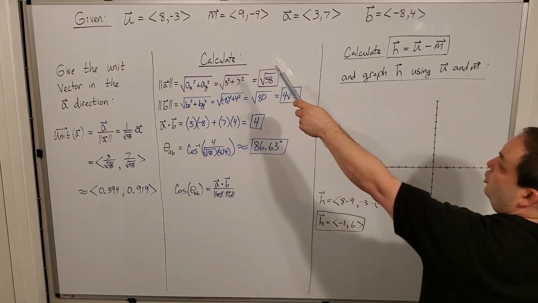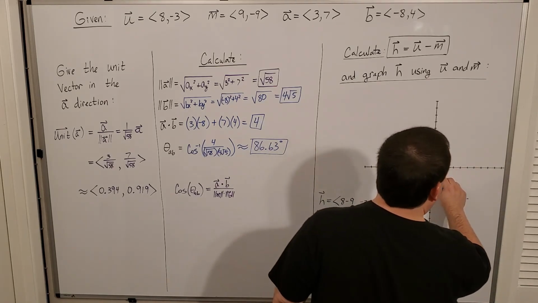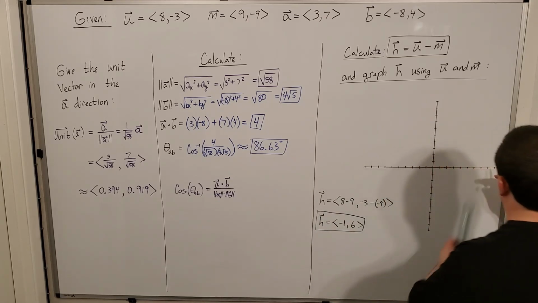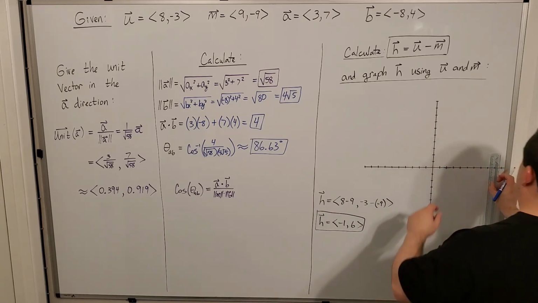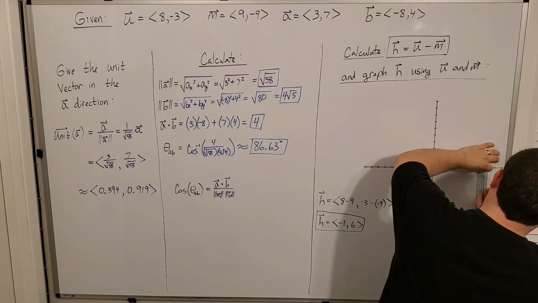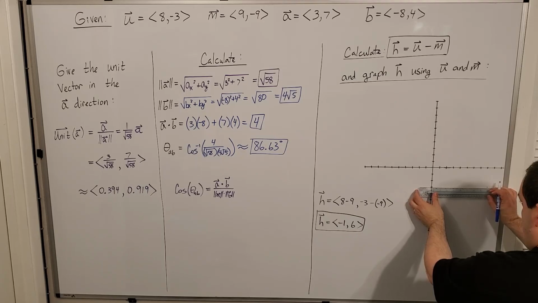All right, vector u is 8, negative 3. So from the origin, I go 8: 2, 3, 4, 5, 6, 7, 8, which is here, and then down 3. Okay, so that's going to be here. Should be negative 3, yeah, good.